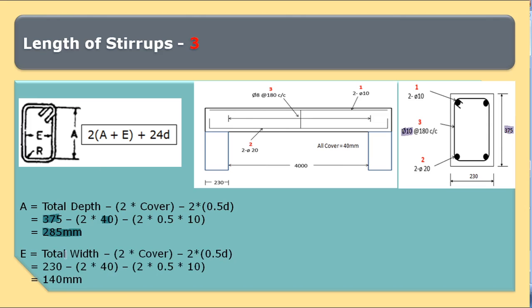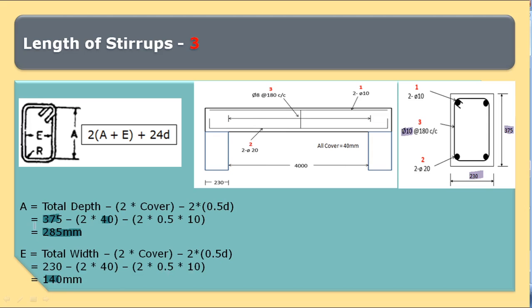Similarly, we'll calculate E. E is equal to total width minus 2 into cover minus 2 into 0.5 D. The total width of the beam is 230 mm, minus 2 into 40 minus 2 into 0.5 into 10. So E comes out to be 140 mm.